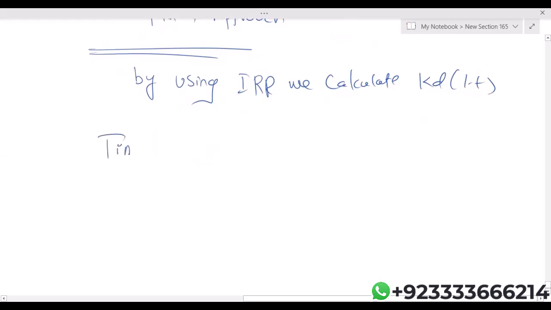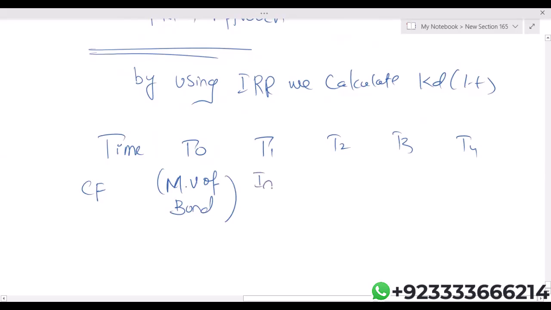Let me just write it. T0, T1, T2, T3, assuming the maturity period is 4 years. Cash flows are very important. At T0, market value of bond. I'll take the market value of the bond. Then interest (1 minus T).